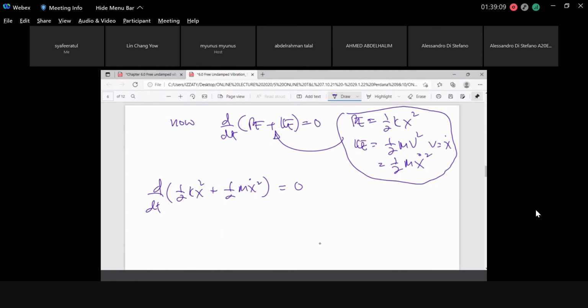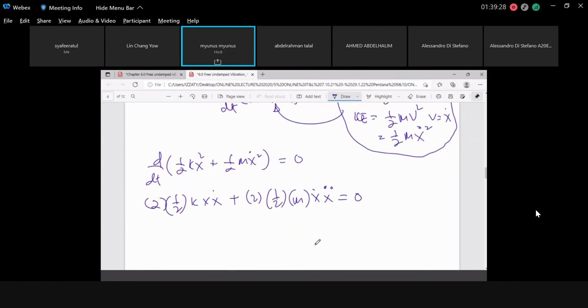Then you differentiate with respect to time, of course. So you have k x x dot plus m x dot x double dot equal to 0. Are you following me, class?